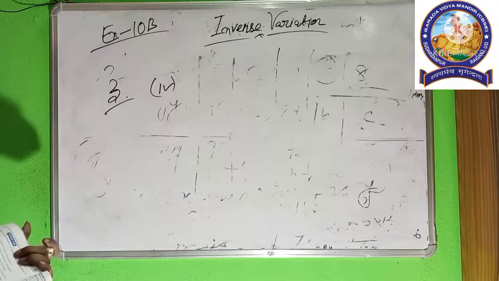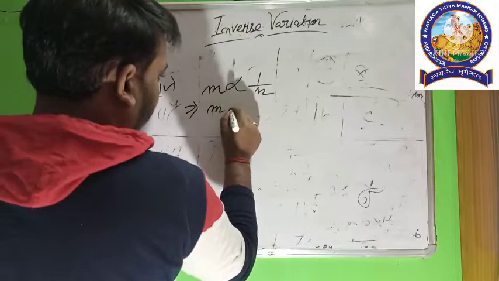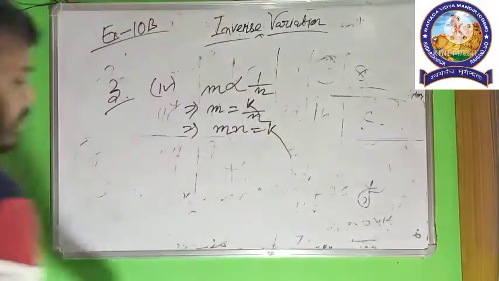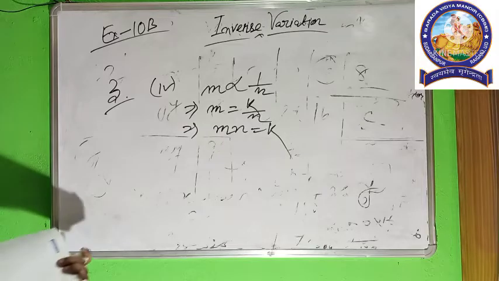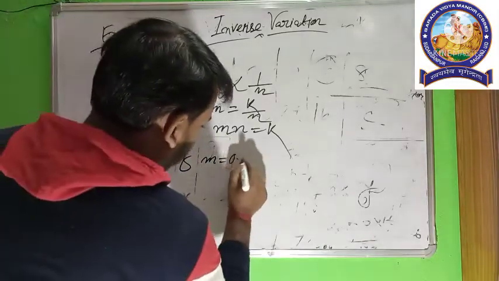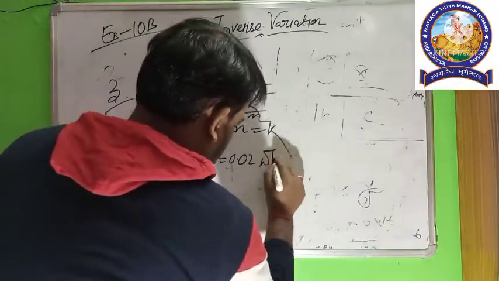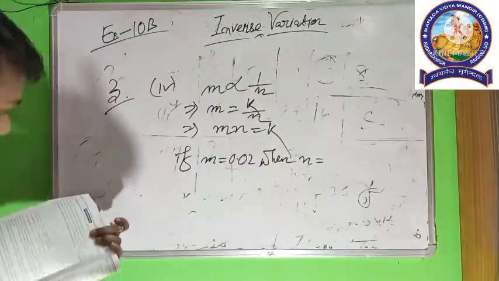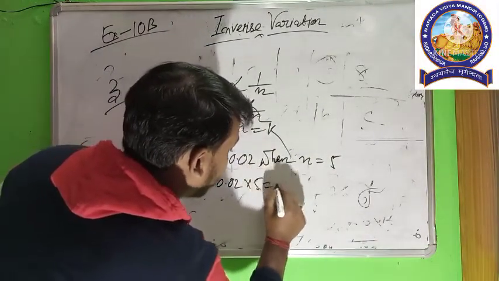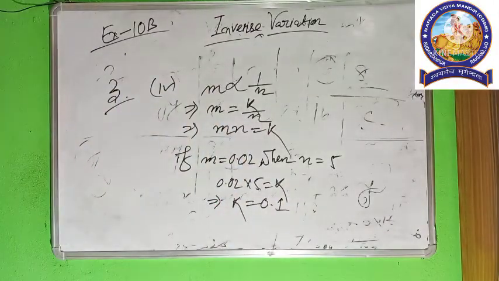M is inversely proportional to N. So M is proportional to 1 by N, so M equals K by N, or Mn equals K. The question is, if M equals 0.02 when N equals 5, then using this value, 0.02 into 5 equals K, which implies K equals 0.1. Okay, 5 twos are 10, so 0.1.